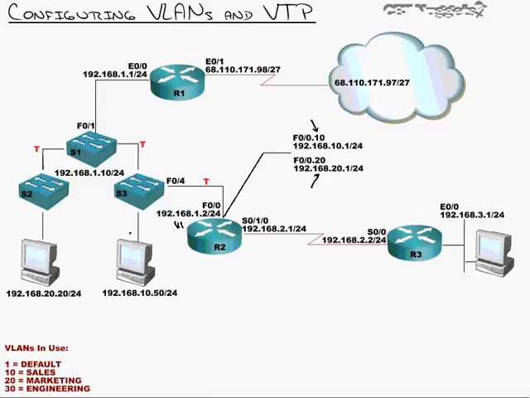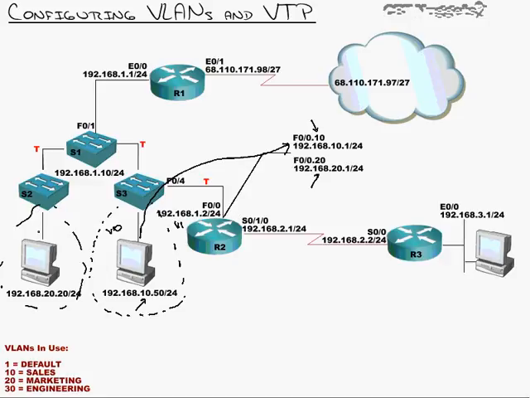Now, all I have to do is assign, and I lost my dotted lines there when I changed network diagrams, I need to assign this PC from VLAN 10 an IP address from that VLAN, which is 10.50. I typed it up there, and put its default gateway to point right there to 192.168.10.1. This PC over here in VLAN 20 will be assigned an IP address from that VLAN and point to this as its default gateway, 20.1.